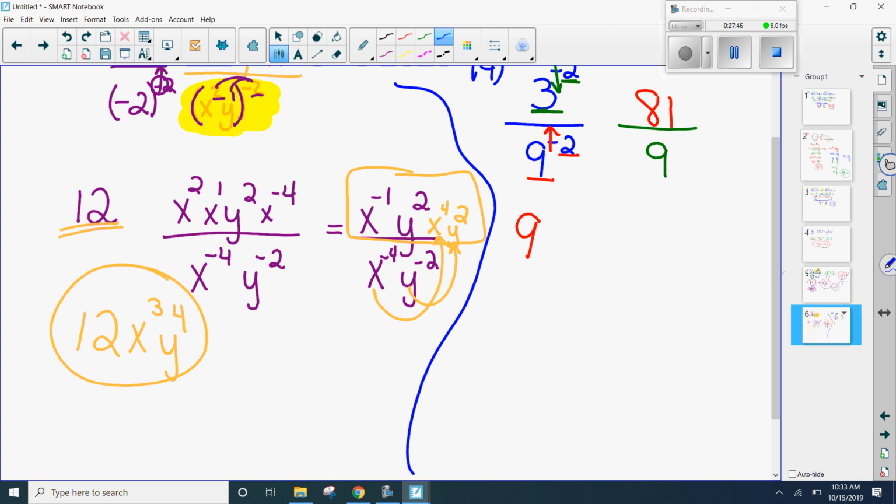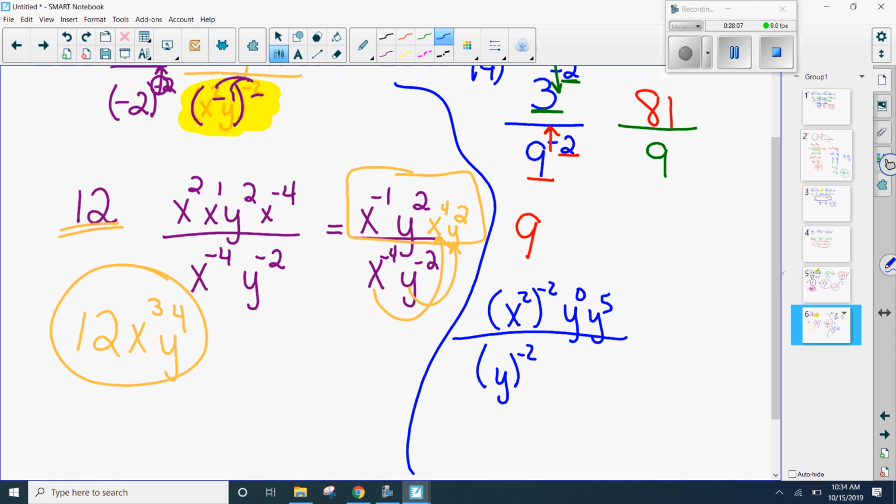If you look at the variables, you have this x squared being raised to the negative 2 power. Then you also have y to the 0, y to the 5th. If you look at the denominator, inside those parentheses, you have y, that is being raised to the negative 2 power.